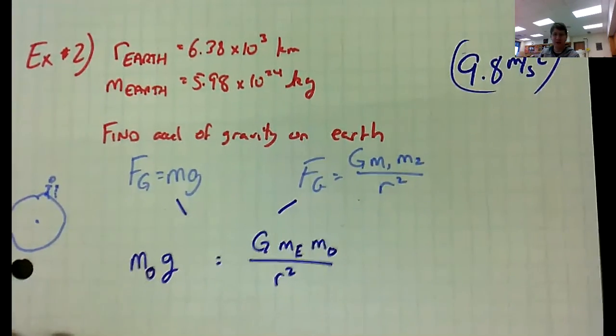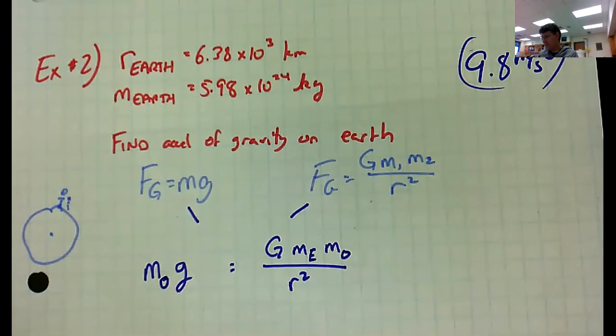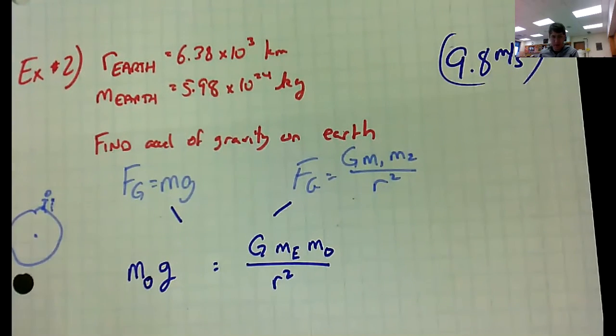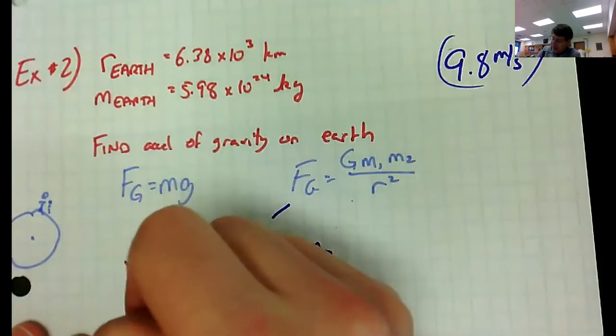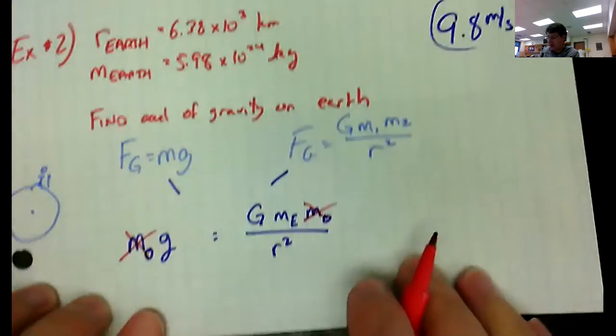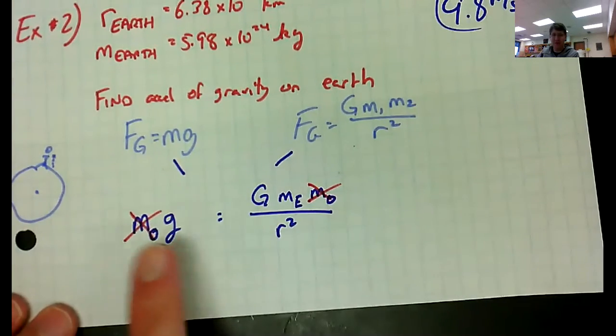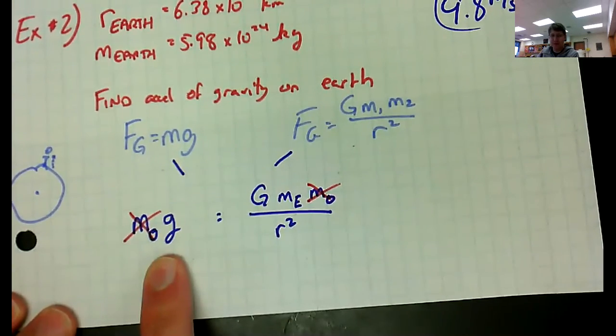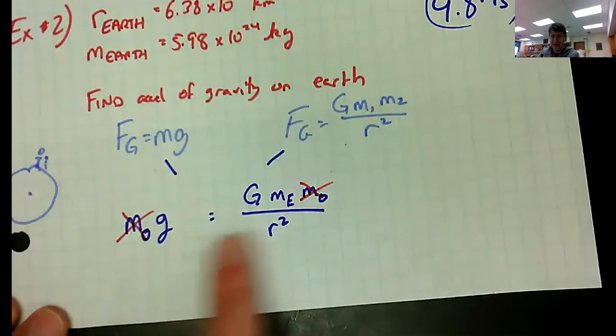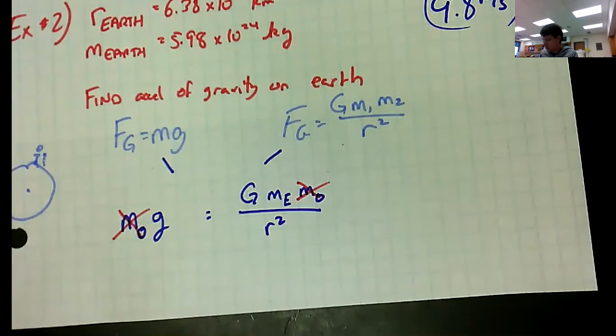Probably just the object, right? But look what we've done. Now we can cancel out the mass of the object, and we've got an equation for the acceleration of gravity. So we should see if we can get 9.8 out of this formula.